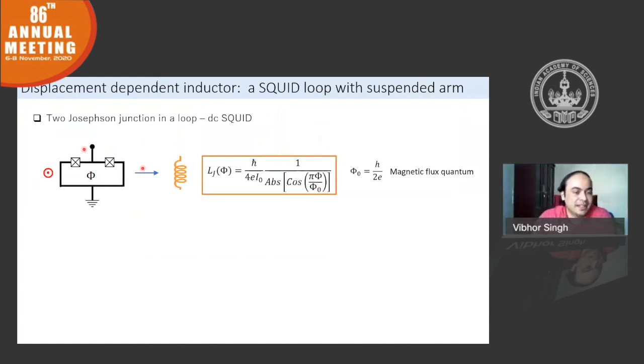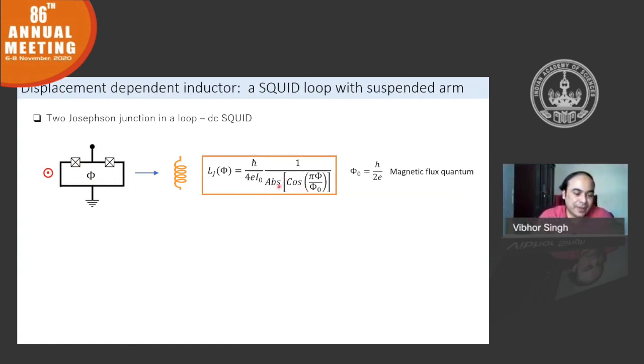It turns out that due to the interference of the superconducting phase across these tunnel junctions, this element acts like a nonlinear inductor. The inductance of such an electrical component is given by the critical current of these junctions and the absolute value of cosine of pi phi by phi naught, where phi naught is the magnetic flux quantum. So the inductance of such a loop, as you can see from this formula, depends on the applied flux.